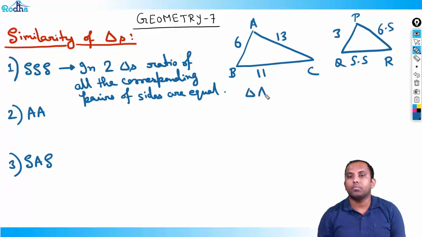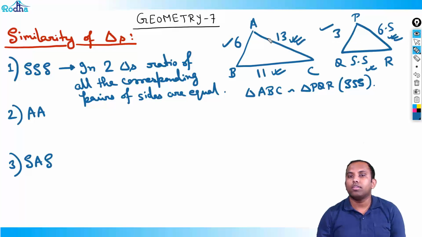I can write triangle ABC is similar to triangle PQR by SSS similarity. Why? Because the ratio is the same: 6 upon 3 is 2, 11 upon 5.5 is also 2, and 13 upon 6.5 is also 2. So all these corresponding pairs of ratios are the same.